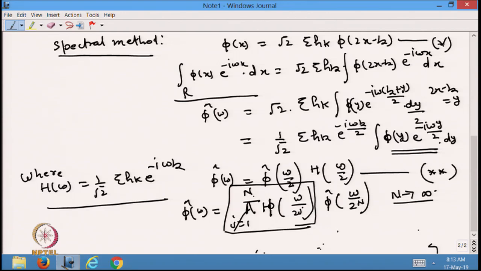If this product converges, what will this expression become as n tends to infinity? This will become 0. But I have to make sure that this converges, only then can I write this in this way.